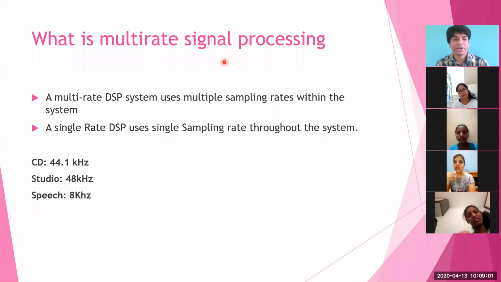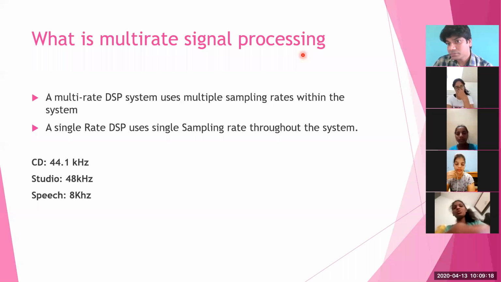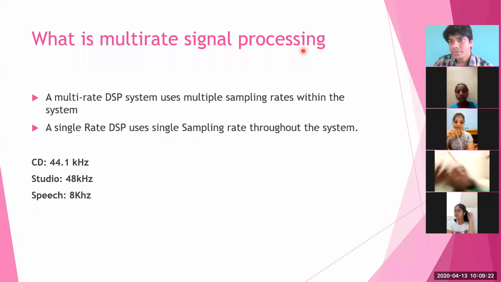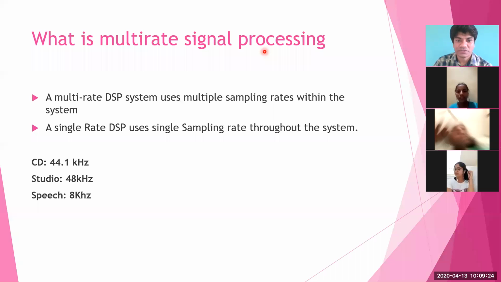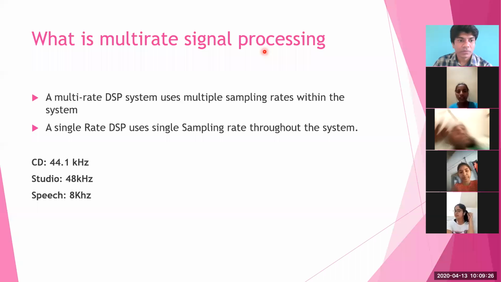So these sampling rates need to be changed whenever there is a transition from one system to another system. Is it clear or any doubt here? Clear, sir. Yeah, that's fine. Yes. Now we will move on.